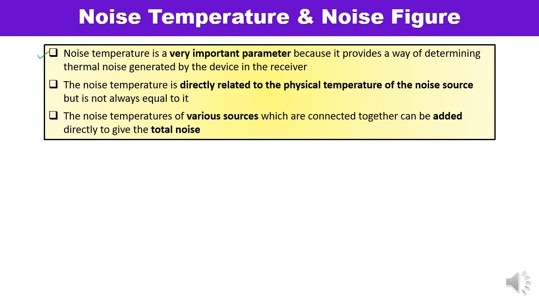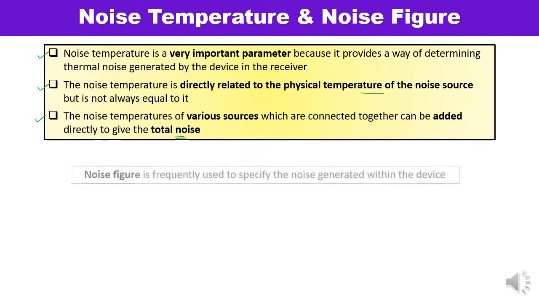Noise temperature is directly related to the physical temperature of the noise sources, but it is not always equal to it. If there are various sources within a system interconnected to each other, the noise temperatures of the various sources connected together can be added directly to give the total noise. This is how you can calculate the total noise as well.